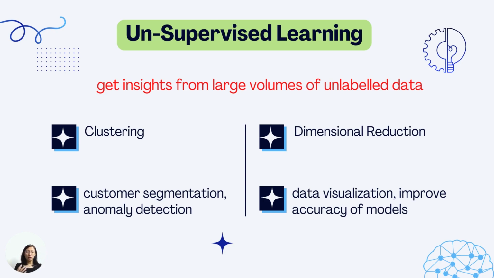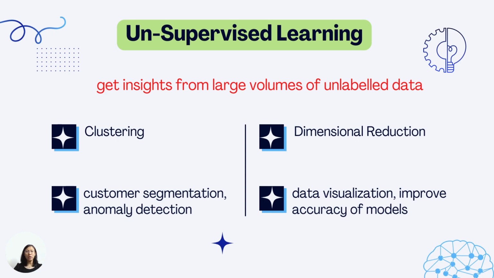And also, it can help us to visualize the data, right? When you have a very large dimension, it's hard to visualize the data. So by doing dimensional reduction, it helps to improve our model accuracy, maybe like clustering, right? Even for regression and classification.